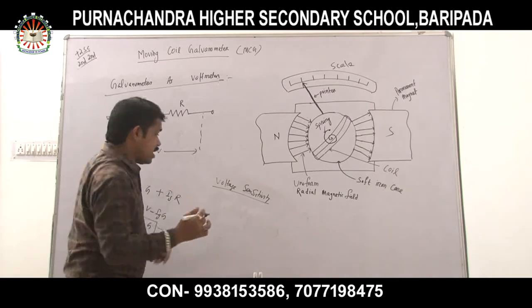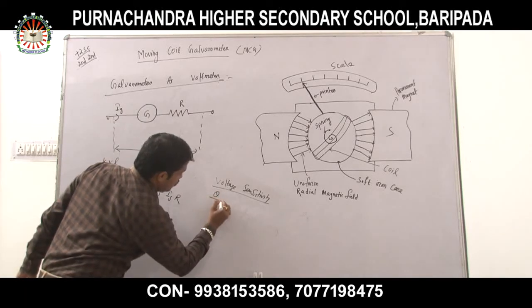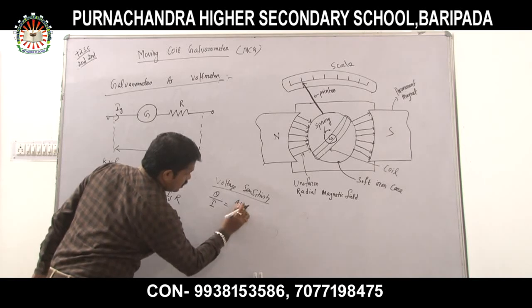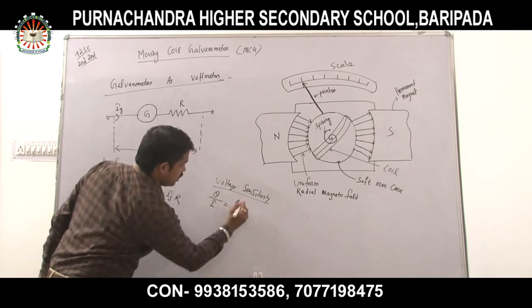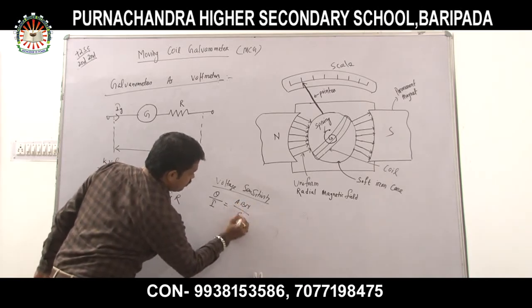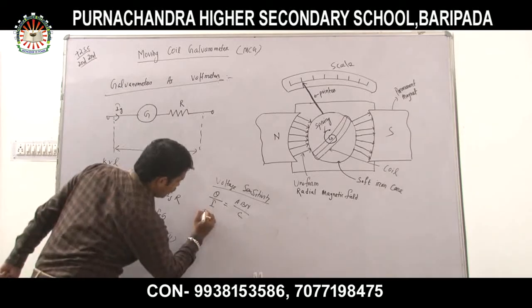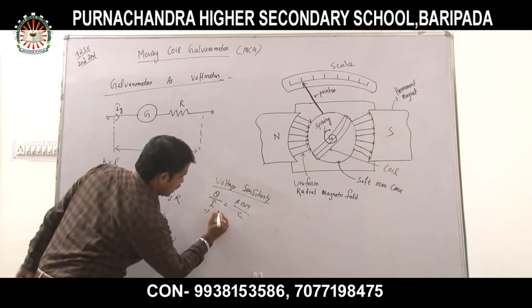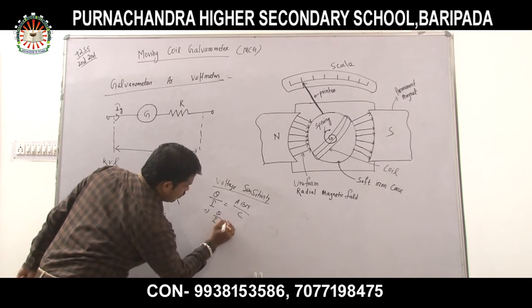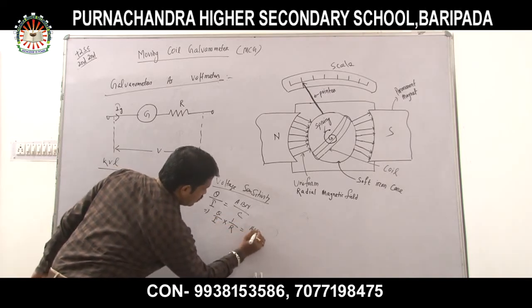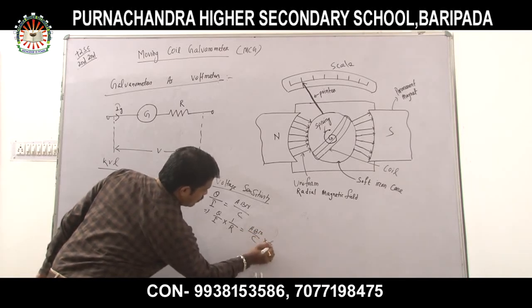The current sensitivity is theta by I, which is equal to ABN divided by C. Okay, so this is my current sensitivity. To convert it, let us divide by R on both sides. So theta by I into 1 divided by R is equal to ABN divided by C into 1 by R.